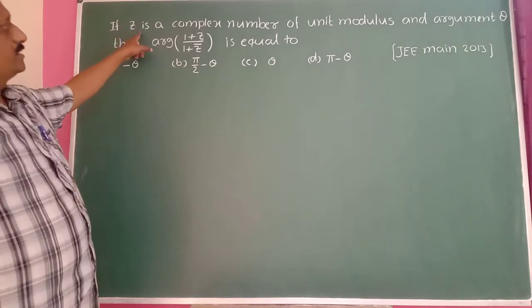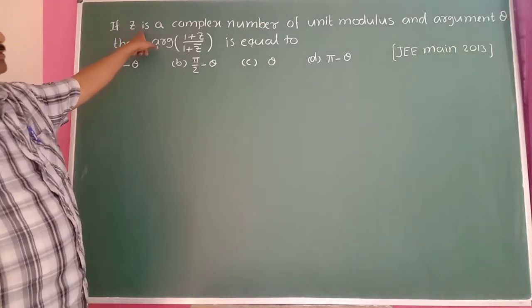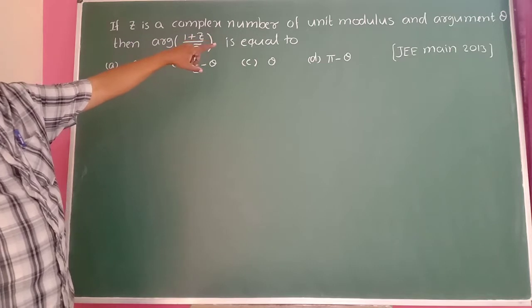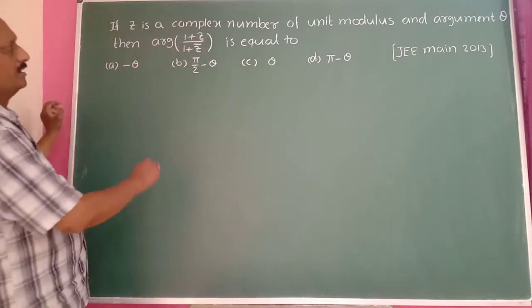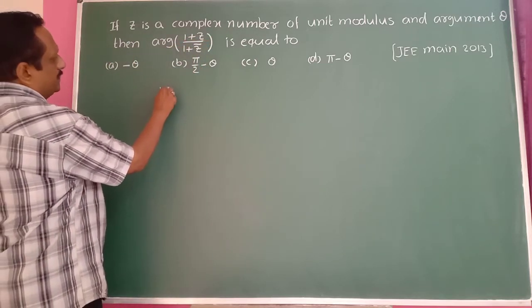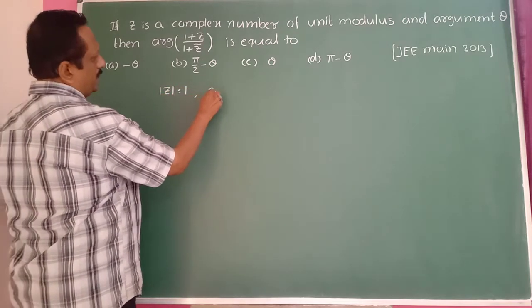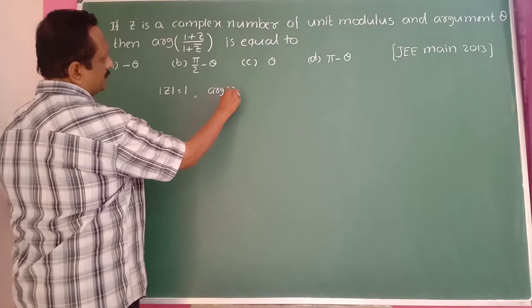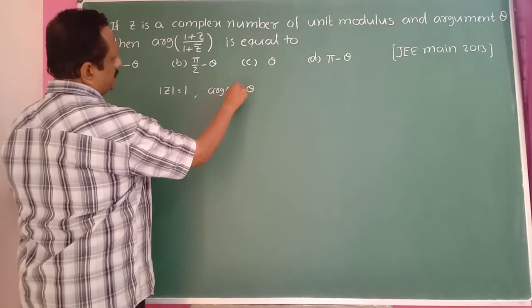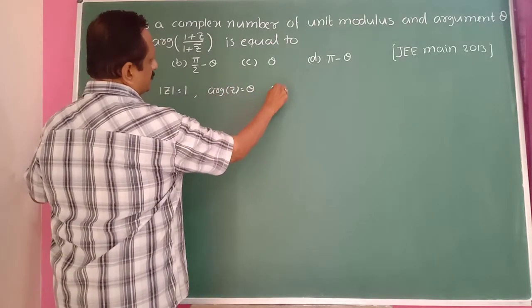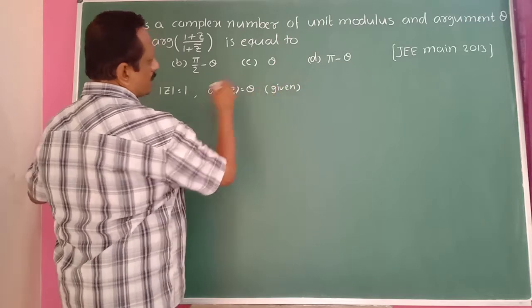If Z is a complex number of unit modulus and argument theta, it means modulus of Z is equal to 1, they are already given, and argument of Z is theta, they are already given here. Okay.